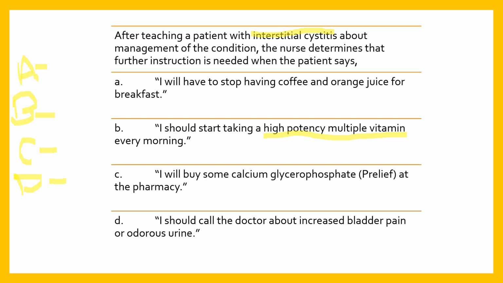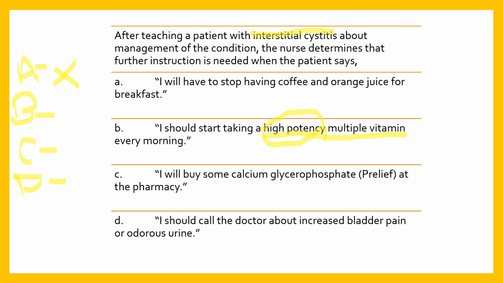All right, so A, I have to stop having coffee and orange juice for breakfast. Coffee and orange juice for breakfast is fine for this. It doesn't affect it. B, I should start taking a high potency multivitamin. This is your cue right here. High potency multivitamin can actually irritate the bladder and increase symptoms of cystitis.